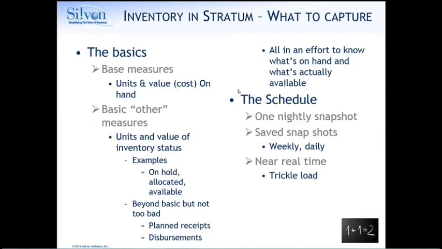The other part of this is planned receipts and disbursements. Obviously, if you've got just a beginning balance, you're going to need some representation of this stuff if we need to, over time, continue to calculate the current on hand, if you're not importing that just as a number. If you're a distributor, maybe you get purchases, and we can do that through the purchasing module and capture information that lets us know when we're expecting new product into inventory.